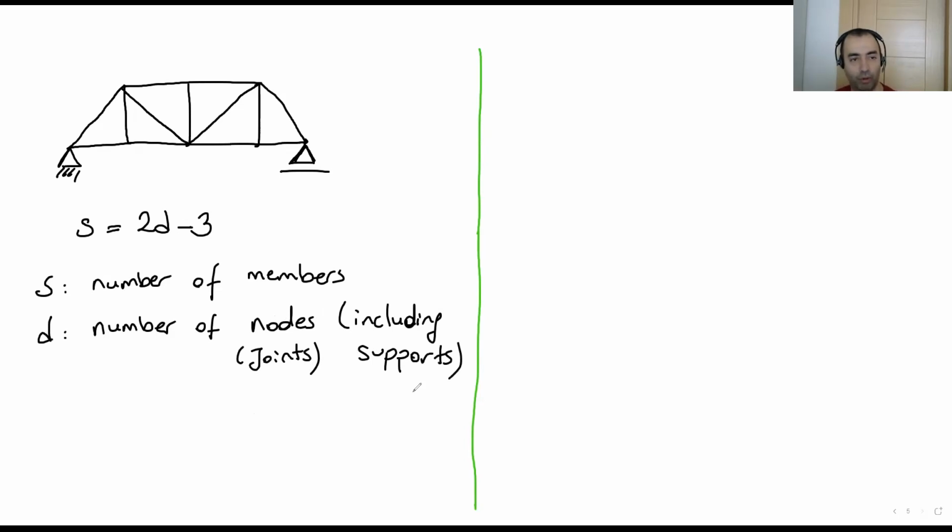Let's check this for the given example above. Let's find S. 1, 2, 3, 4, 5, 6, 7, 8, 9, 10, 11, 12, 13. D: let's check the joints, including support points. 1, 2, 3, 4, 5, 6, 7, 8.